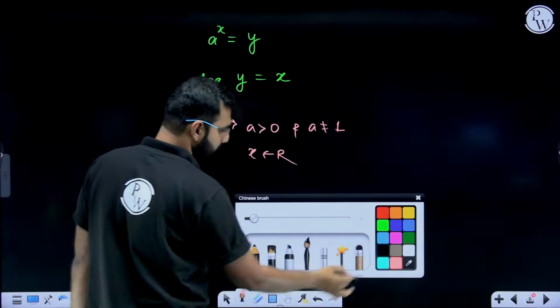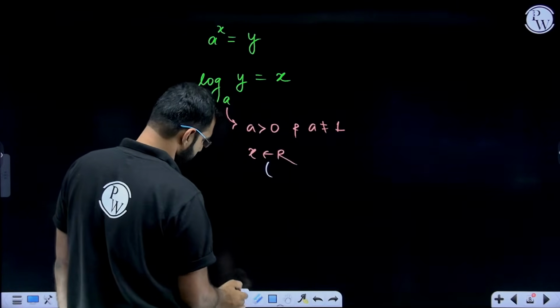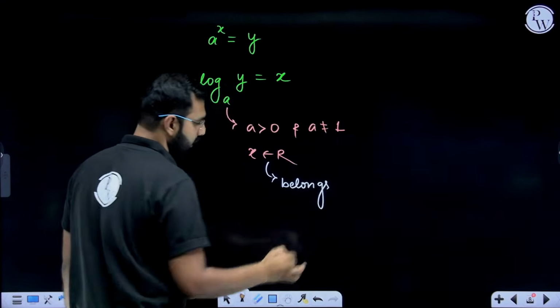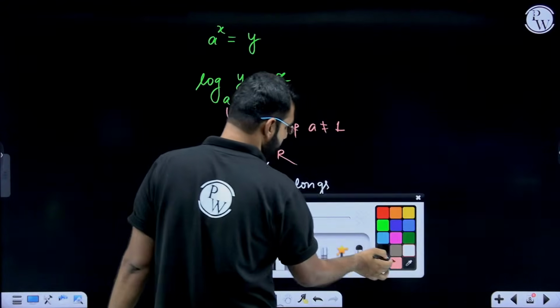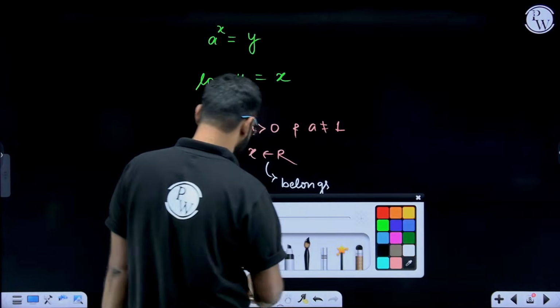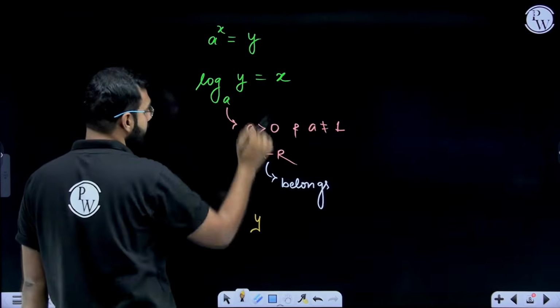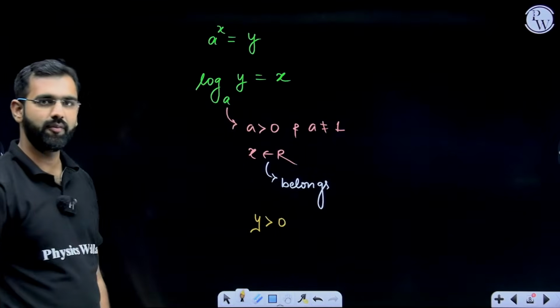This sign here, let me draw it more properly, means "belongs to". So x belongs to the real numbers. I hope you remember that from the last session's discussion. And the third value we discussed is y, and I hope you clearly remember y will be taking all the positive values only. So these three conclusions, I hope you're comfortable with this.